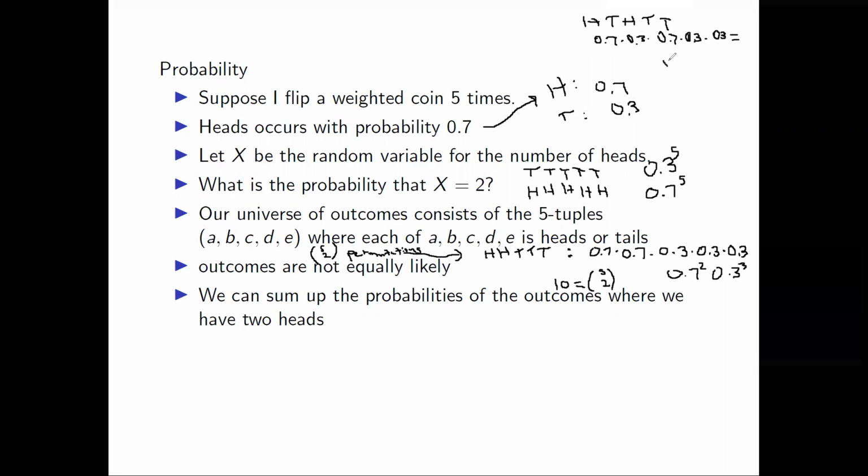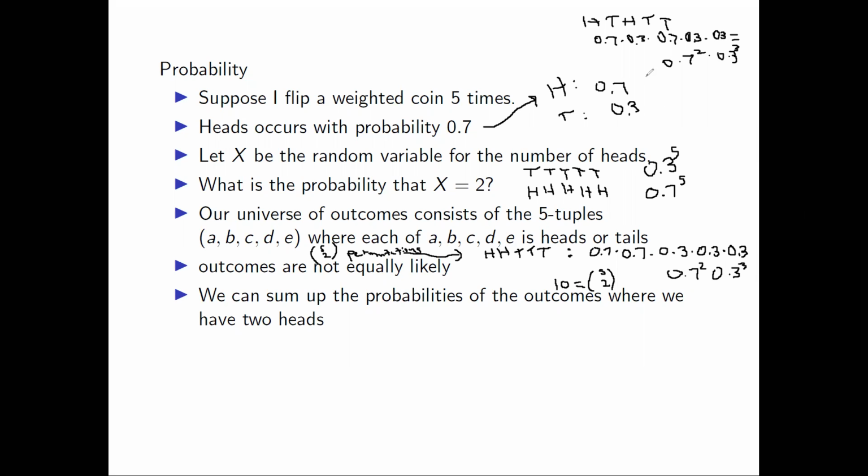So we got 0.7 squared times 0.3 cubed. So we still get 2 0.7s and 3 0.3s. So when we multiply them, the product is still 0.7 squared, 0.3 cubed, regardless of how we permute the H's and the T's. So we have a total of 10 of these sequences, and each of them has probability of 0.7 squared times 0.3 cubed of happening.